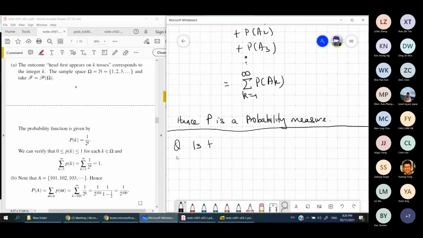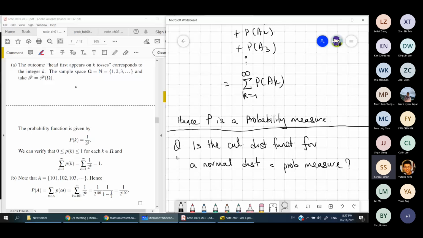Okay, so just now you asked a question like this: is the cumulative distribution function for a normal distribution a probability measure? Is this your question? Something like that? Yeah.